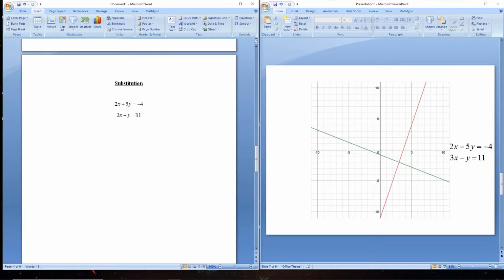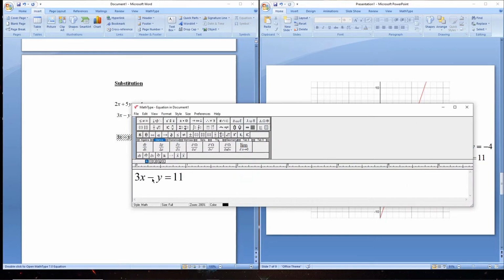So this bottom one looks to me the simpler one to solve, because all we have to do is subtract 11 from both sides and then add y to both sides.